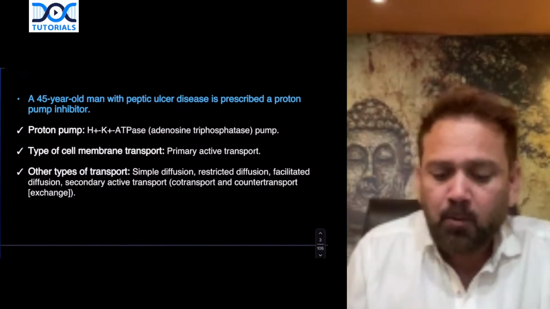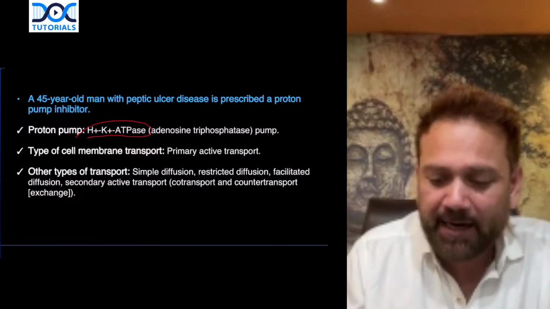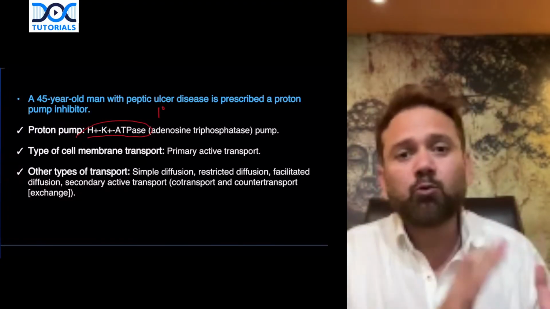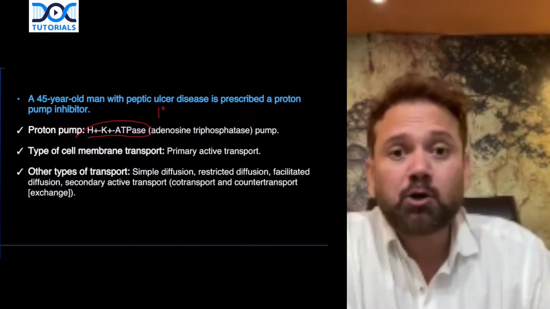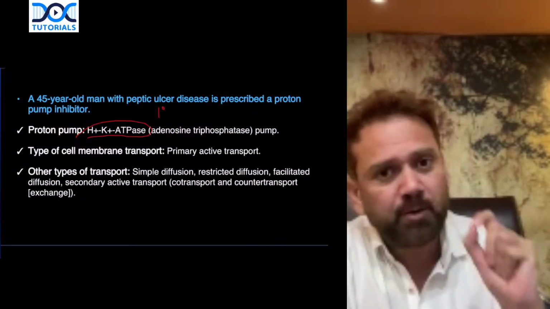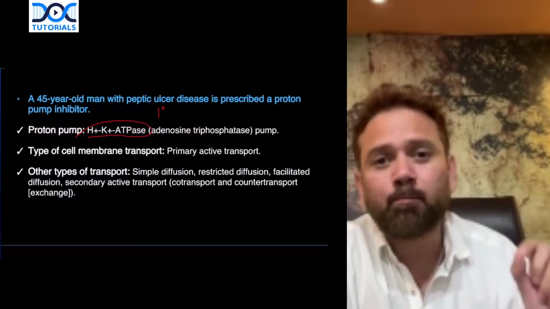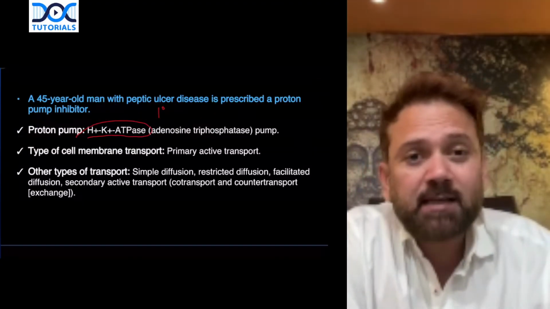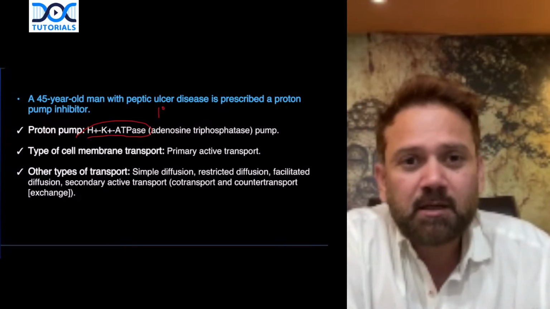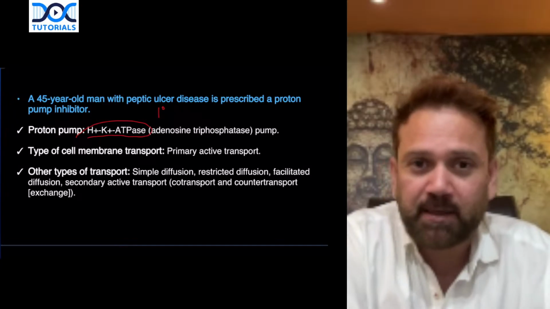The proton pump is the proton potassium ATPase. This is primary active. Remember, there are two types of transport, active and passive. In active, there are again two: primary active and secondary active. In primary active, we always discuss mainly two pumps: one is the sodium potassium ATPase pump, and the second is the proton potassium ATPase. Third, we have also discussed SERCA, the sarcoplasmic endoplasmic reticulum calcium ATPase.